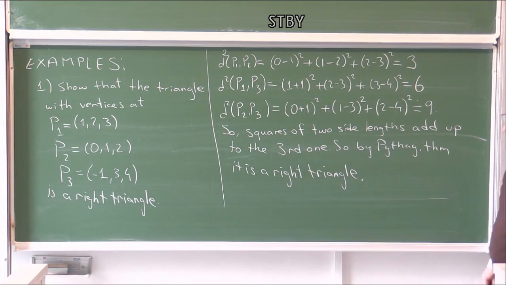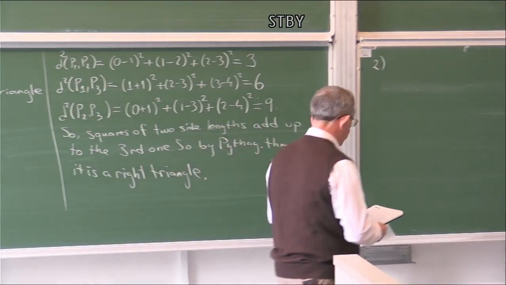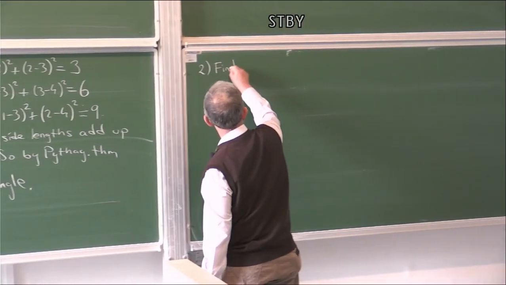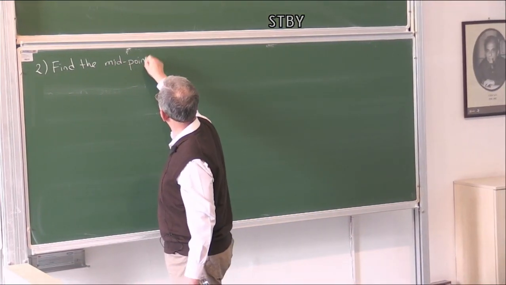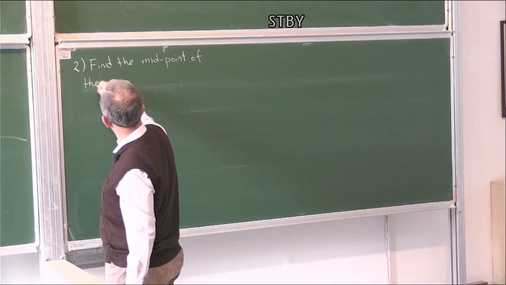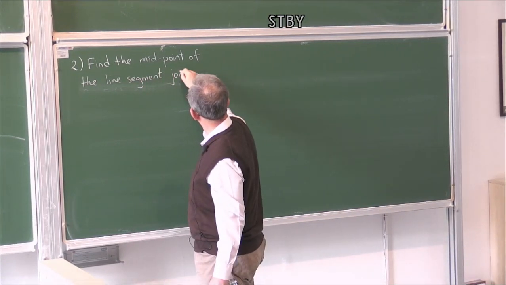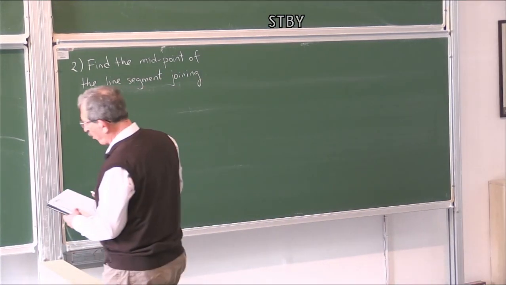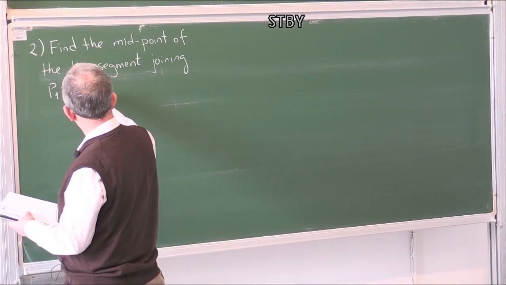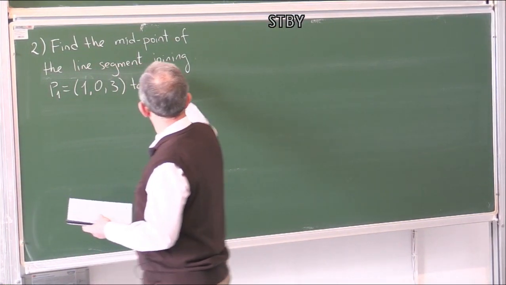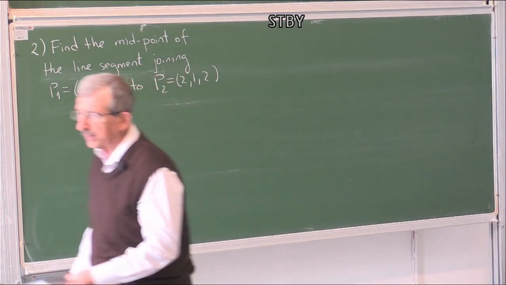Now, as a second example, let us consider finding the midpoint of the line segment joining the point P1, that is 1, 0, 3, to P2, that is 2, 1, 2.